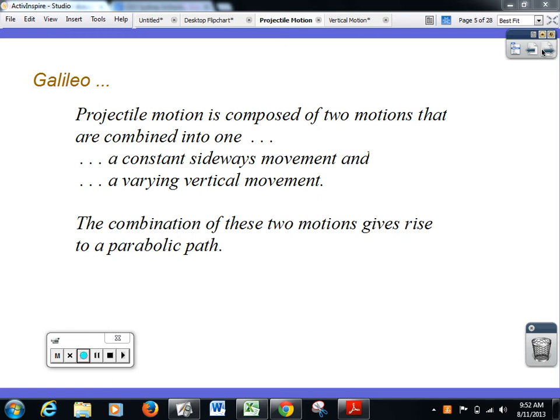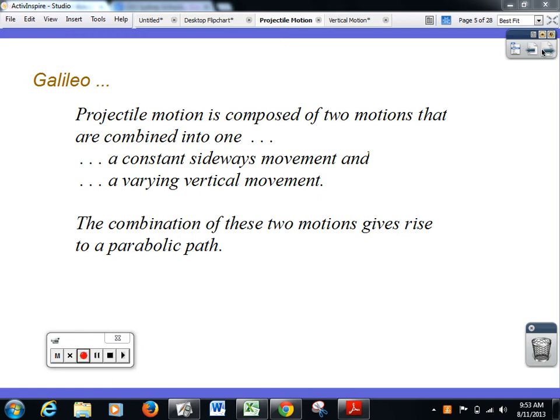But in reality, all the water bottle is doing is going up and down, vertical motion under gravity, and because it's going up and down, its motion, in other words, it starts to slow and comes to a halt at the top and comes back down, is varying. But at the same time, there is a sideways motion which has no force acting on it, and you're just moving sideways. The combination of these two mathematically gives you a parabolic path.